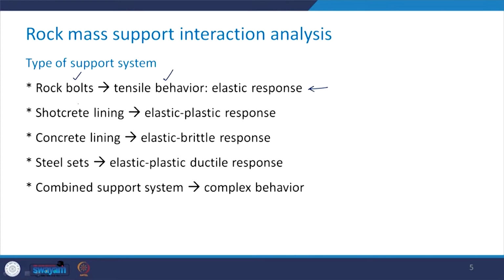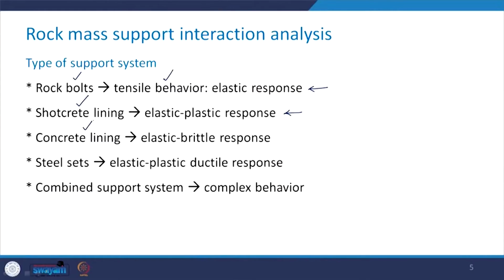In case you have shotcrete lining as a support system, its behavior is going to show an elastic plastic response. In case of concrete lining, this will be an elastic brittle response, while in case of steel sets, it is going to be an elastic plastic ductile response.